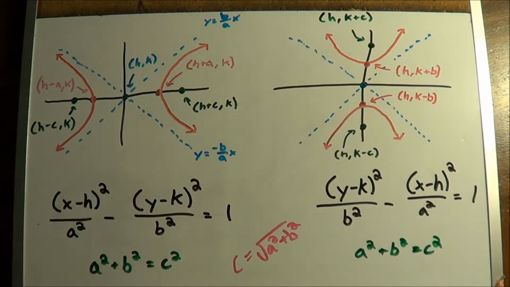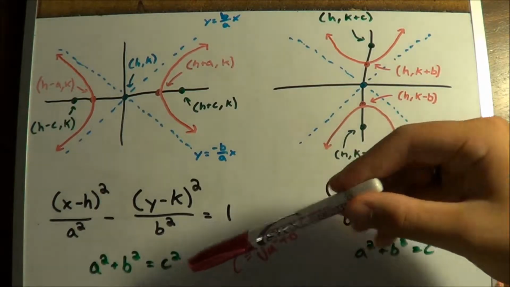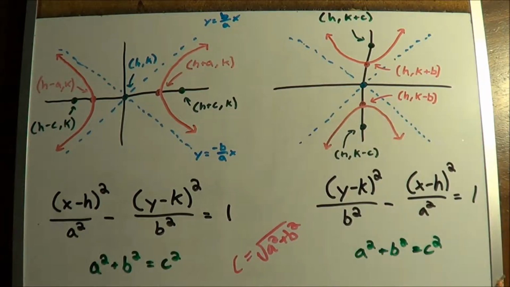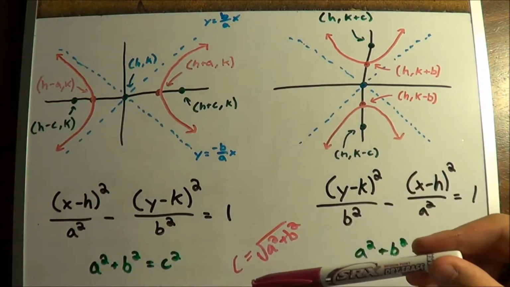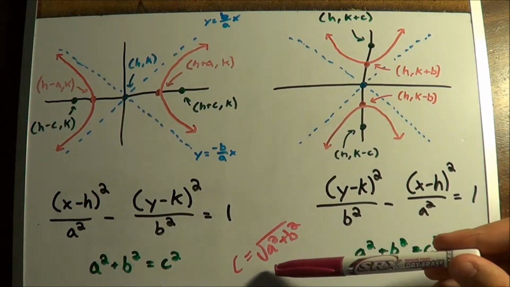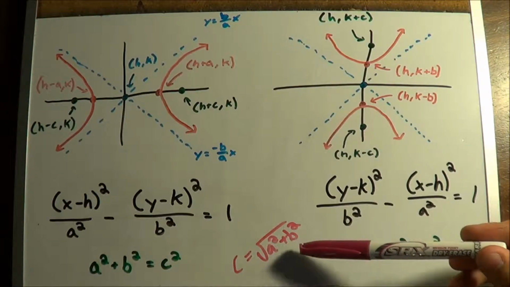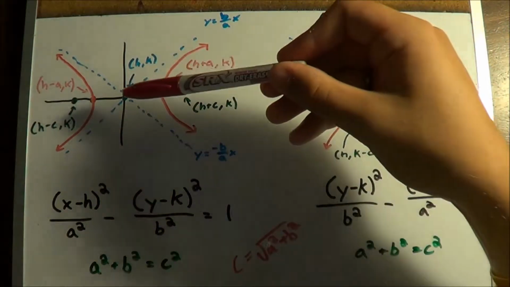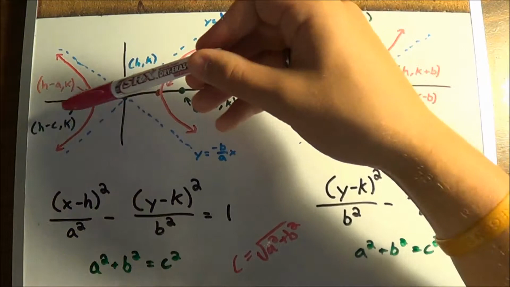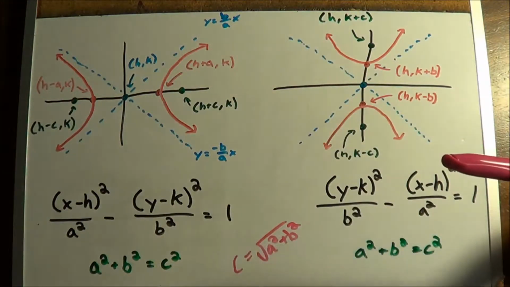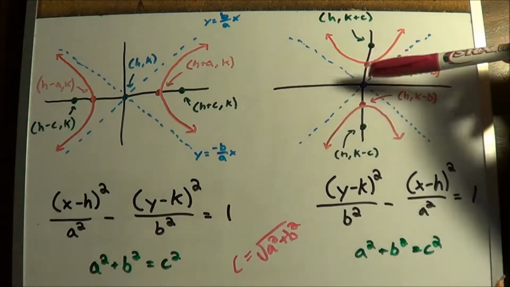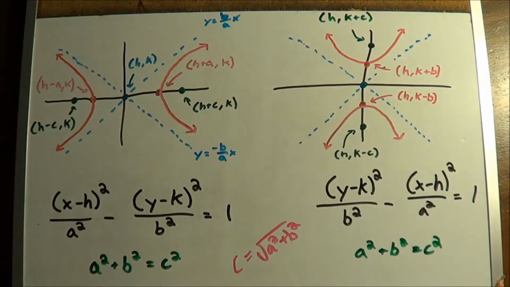This number c comes from this formula here, which you'll recognize as the Pythagorean theorem that we know and love. If we simplify this down, we know that c would equal the square root of a squared plus b squared. And you would go out from the center to the right or left for a horizontal hyperbola, and up or down for a vertical hyperbola.